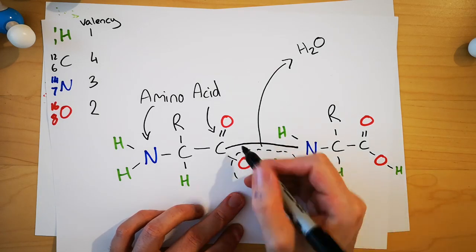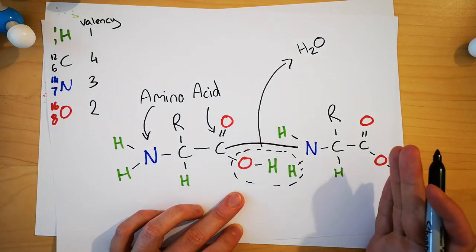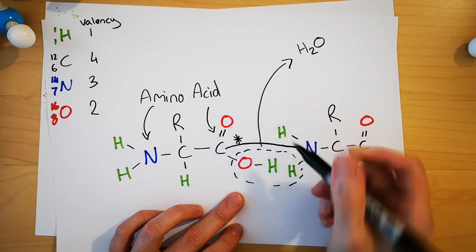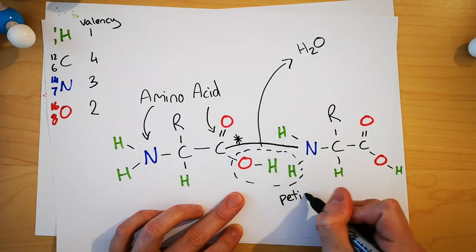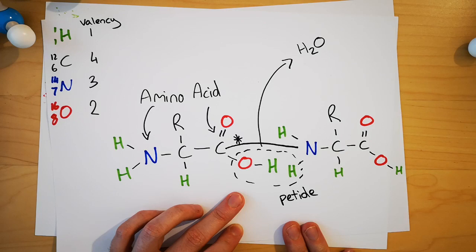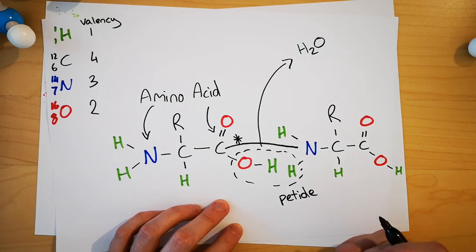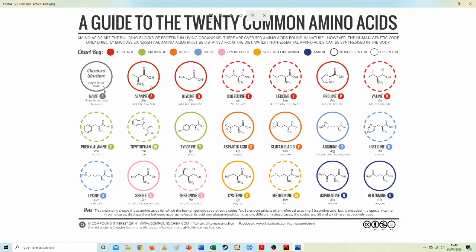And that bond there, it is just a normal covalent bond, but because we speak about it so much, that is our peptide bond. Now, the next thing that we are going to do is take a little bit of a look at all the different R groups that we find in amino acids and talk a little bit about that.